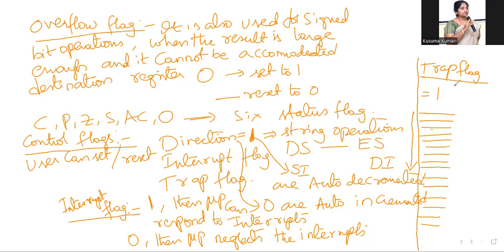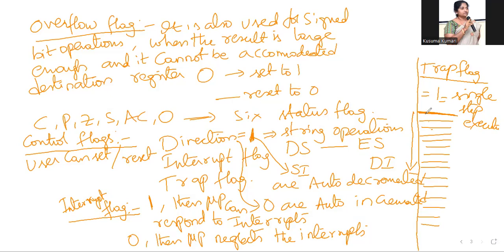But when the trap flag is equal to 1, the microprocessor undergoes the single step execution process. Single step execution means that once the first instruction is completed, the microprocessor stops the execution and verifies all the register contents, flag register contents, and memory location contents.